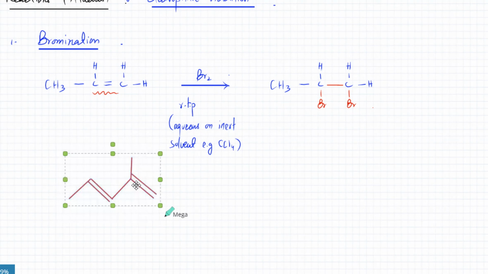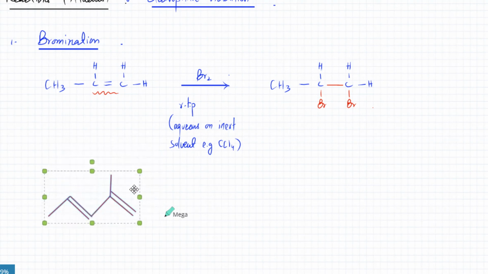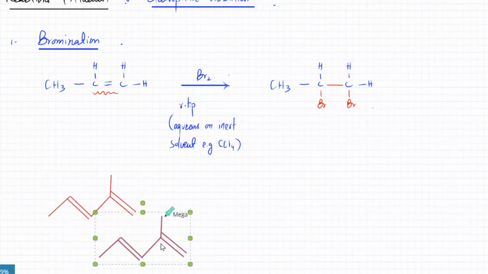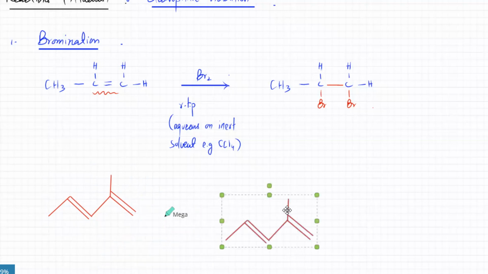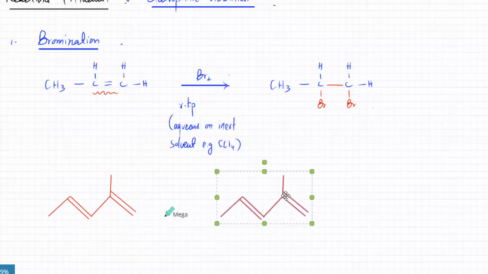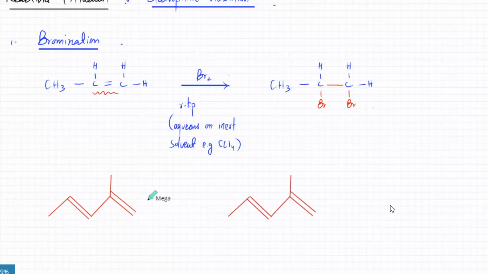And you can also do chlorination with this. So the product would be, nothing should happen to the molecule. It's just these carbon atoms where the bromines are going to get added, these two and these two.